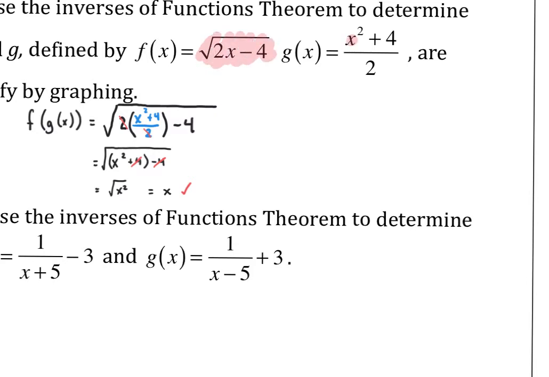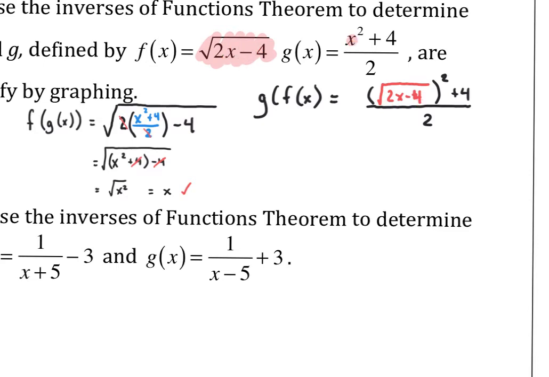So that would be g of f of x is equal to, so we are going to have a fraction there. So I'm going to put the square root, so radical 2x minus 4, square that, add 4, divide by 2. Again, all of this function here is squeezed into x there.